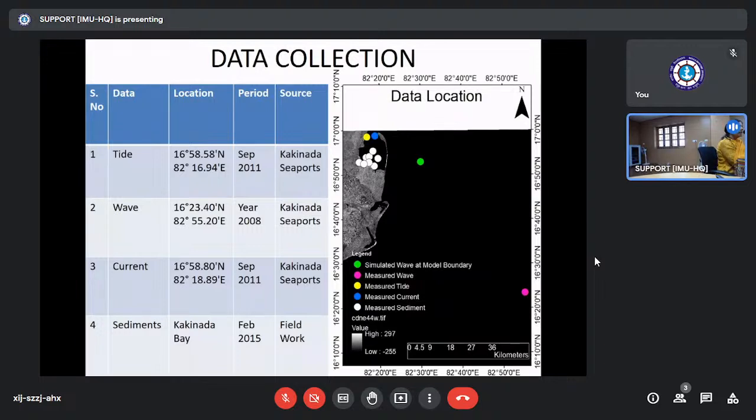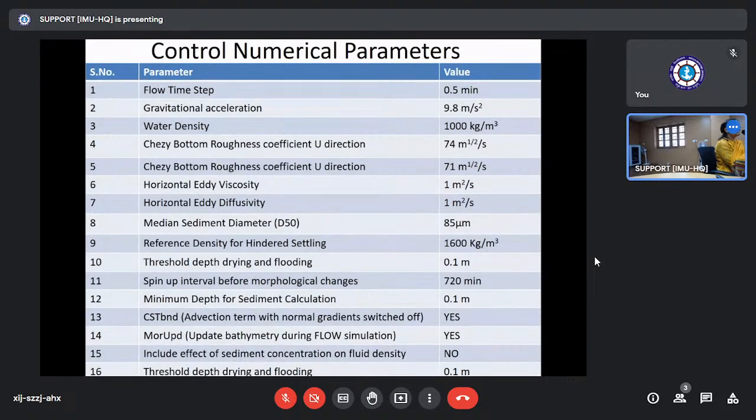Tide data was obtained from Kakinada seaports. Waves, currents, and sediment analysis was done using fieldwork for these different areas. And various numerical parameters were tuned for calibration of the model, like flow time step, bottom roughness coefficient, eddy viscosity, etc.